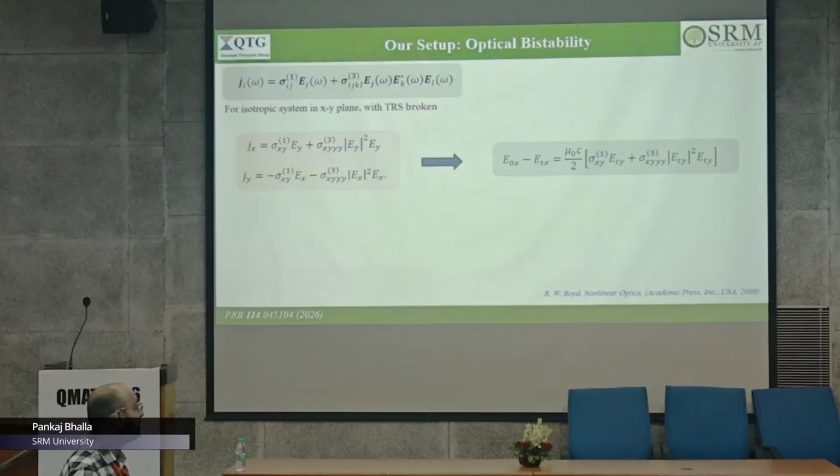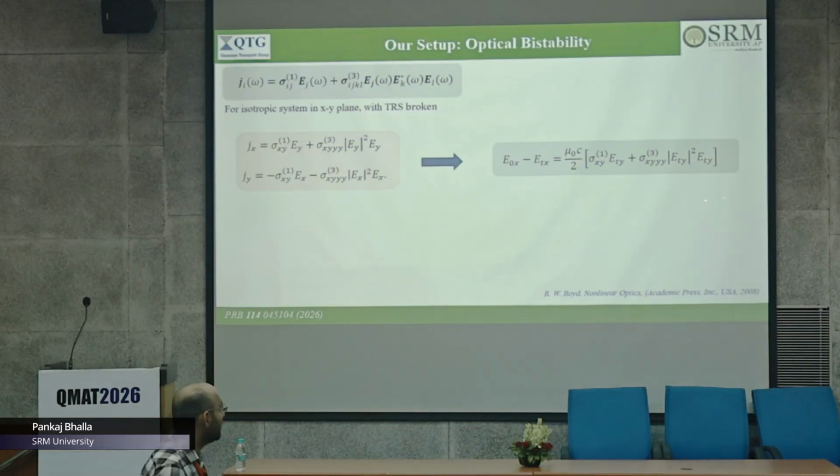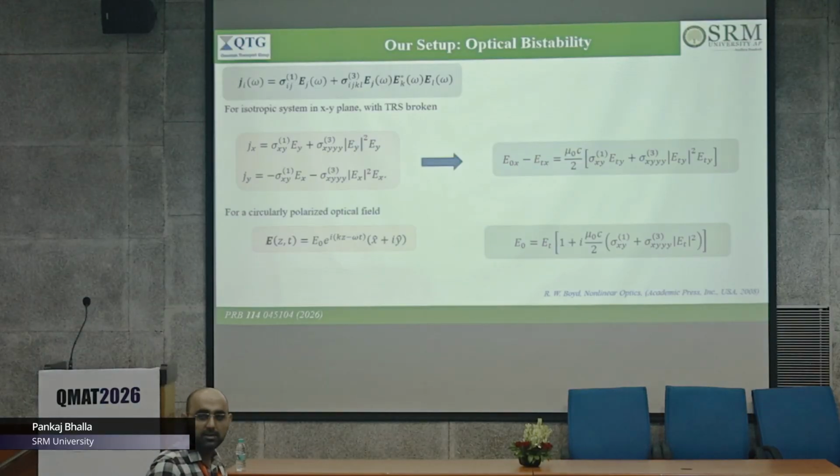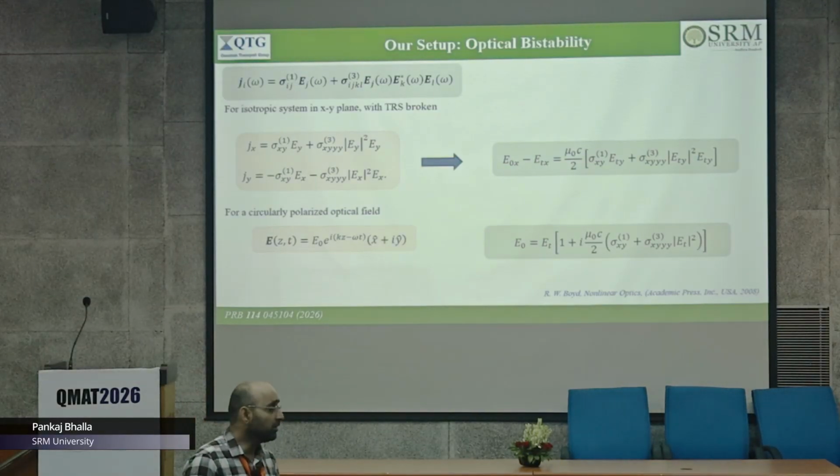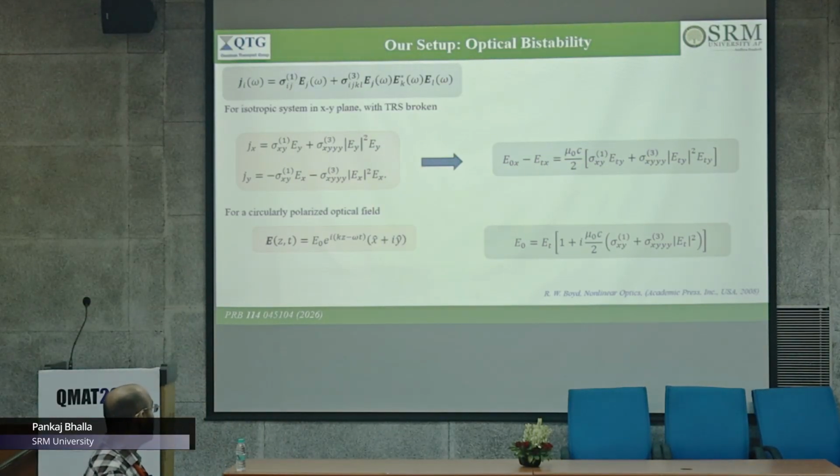One can write the equation for the current in terms of the response and the field, plug it back into the boundary condition, and write such an equation. We take circularly polarized light, because x and y have a phase difference, and one can end up with this nice relation which helps us get the optical bistability relation.